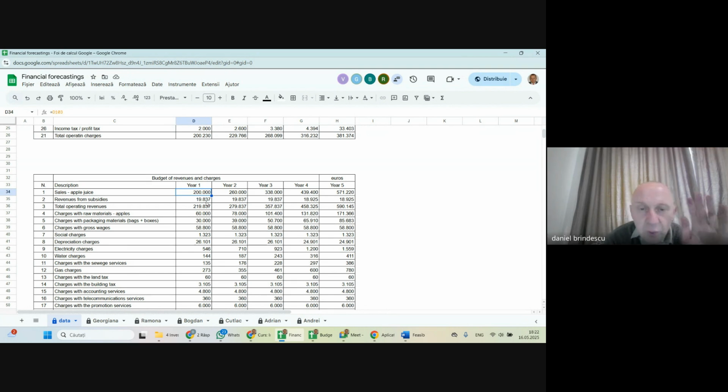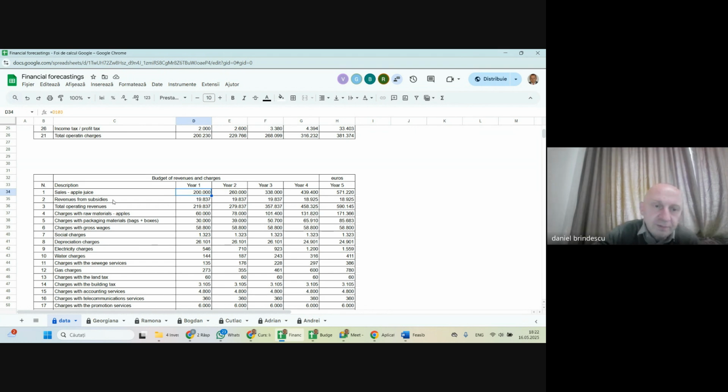So, to simplify things, I will just imagine that the value of the revenues is equal to the value of the cash inflows. It's not very accurate for me. It might be very accurate for most of you, those that are selling to the end consumers.